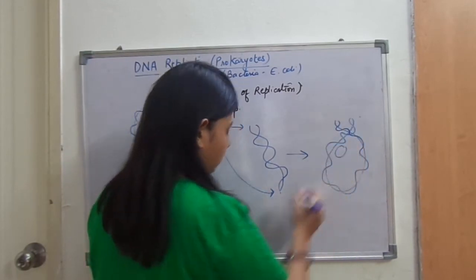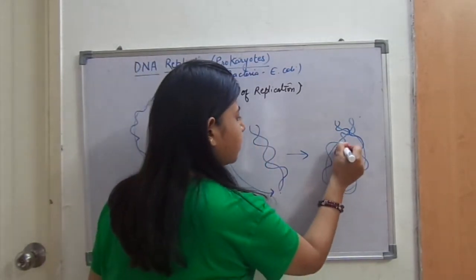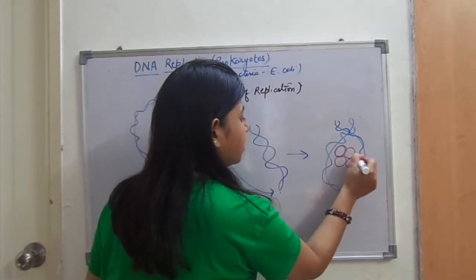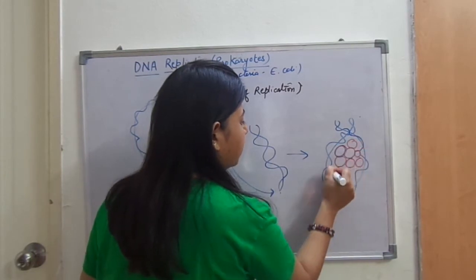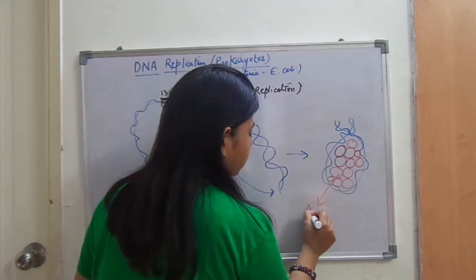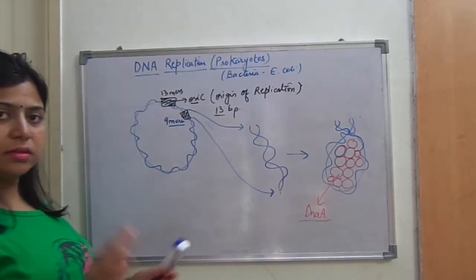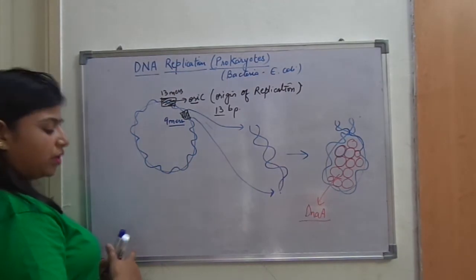And a protein that is known as DNA A makes this 9 mer region bind over itself. This protein is known as DNA A protein, and it makes the 9 mers bind over themselves.